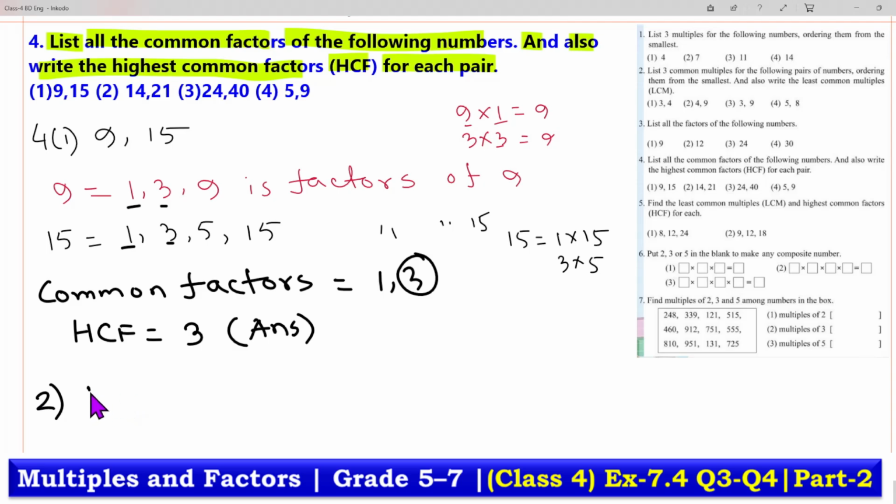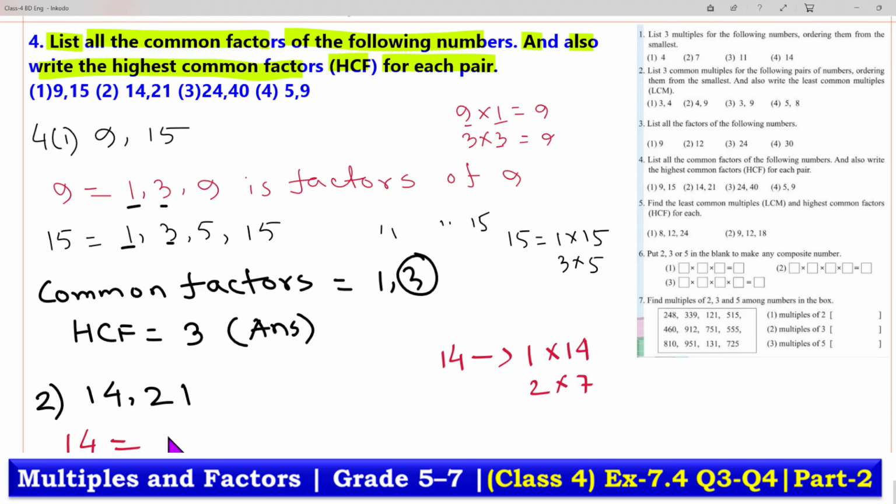Number 2. Here the pair is 14 and 21. First we have to find the factors of 14. We can say 1 times 14, 2 times 7, 3 is not possible, 4 is not possible, 6 is not possible, 7 is possible, which is 7 times 2.